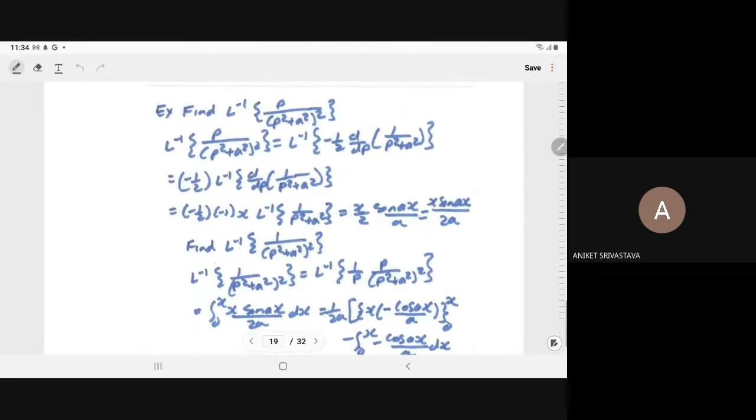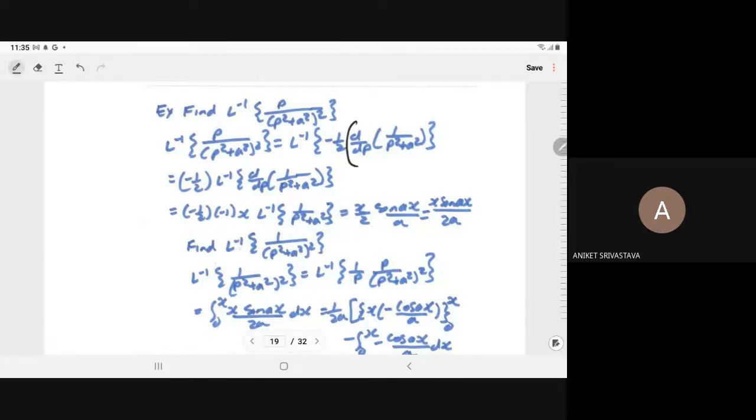So now how to apply these formulas and how to determine the complex integration, that is in this exercise. Find the L inverse of p upon (p square plus a square) whole square. In this case, this can be written as L inverse of minus 1 by 2 d/dp of 1 upon p square plus a square.